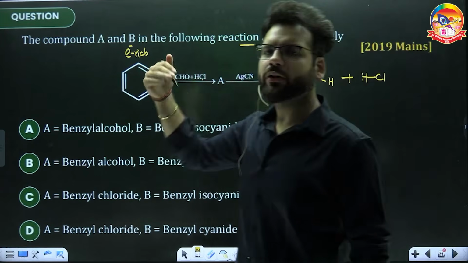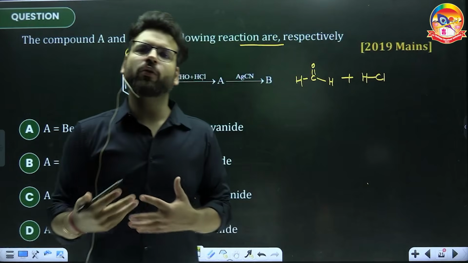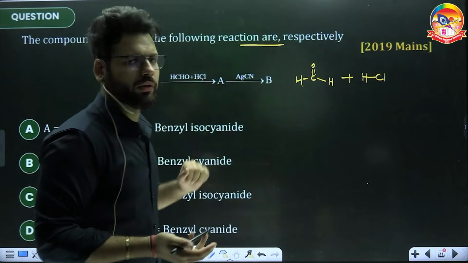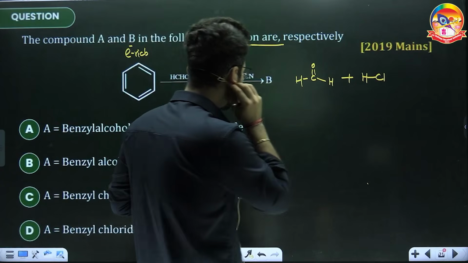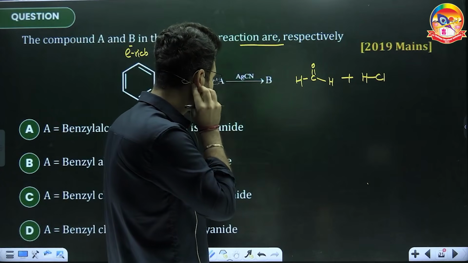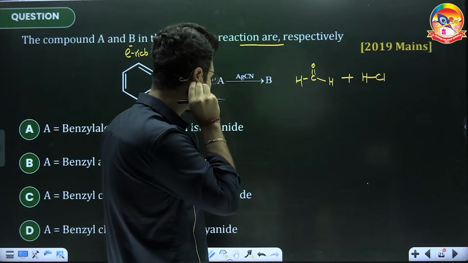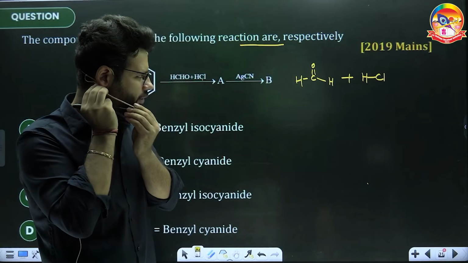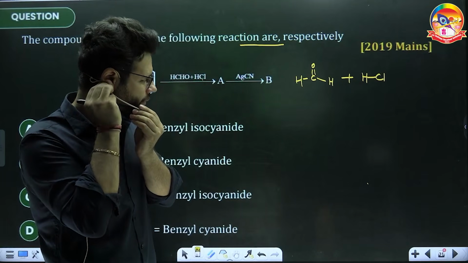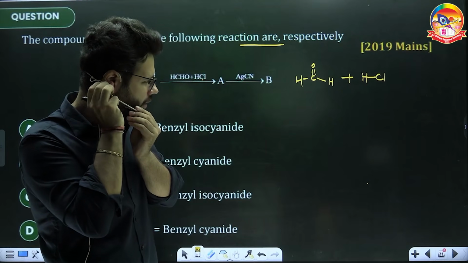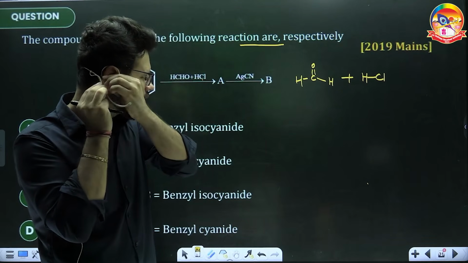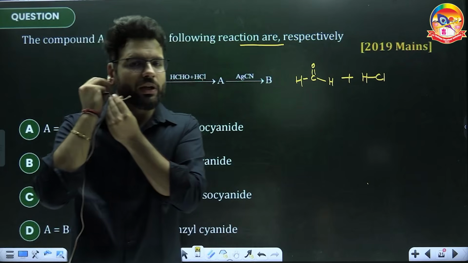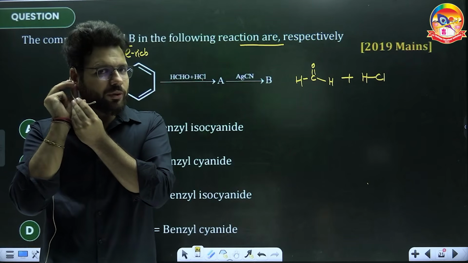Think, this is an electron-rich species. If we could generate an electrophile somehow, then benzene can easily attack it. Let us see. This is our aldehyde. Whenever aldehydes are in the presence of HCl, you should remember that in the reaction with alcohols, where dry HCl gas was used as a catalyst, we created a partial positive carbon.